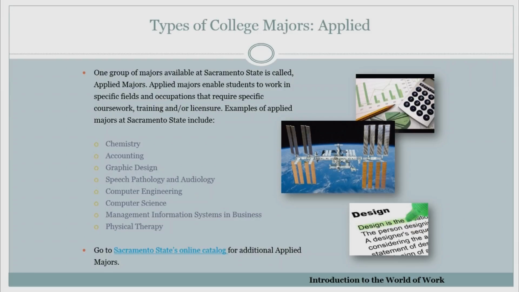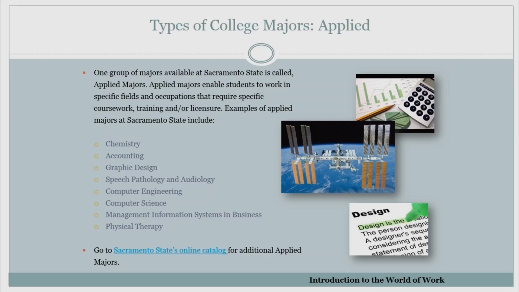One of the things that we want to do is help students learn the different types of majors that are available at Sacramento State. One of them is called applied majors, and the major itself is pretty closely linked to what students are doing when they do internships or when they graduate in terms of the world of work.